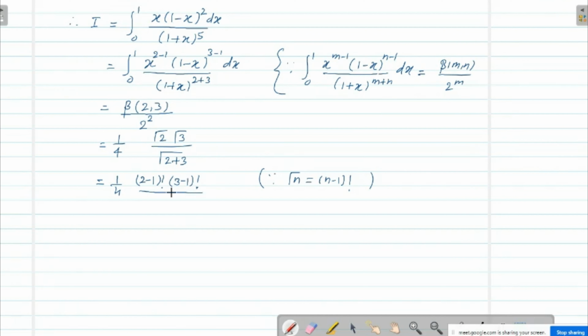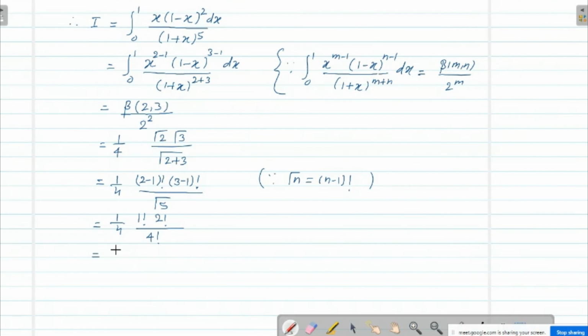And this is simply gamma of 5. So this equals 1 by 4, and this is 2 minus 1, that is 1 factorial, and this is 2 factorial, and divide by 4 factorial.